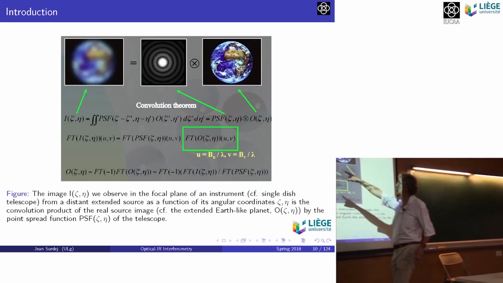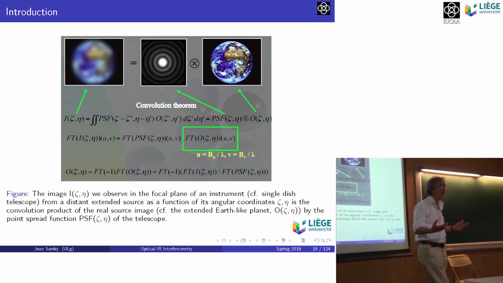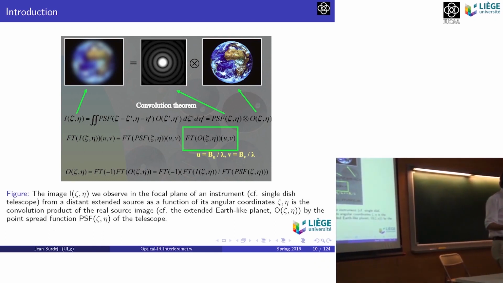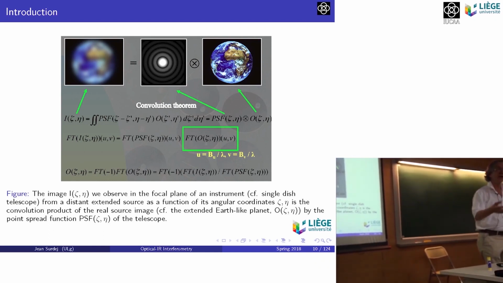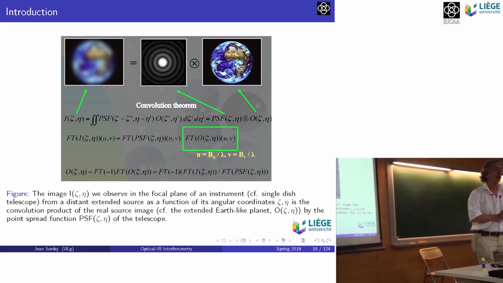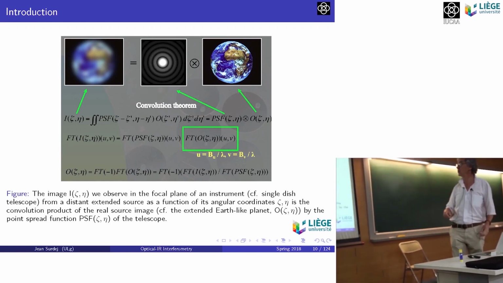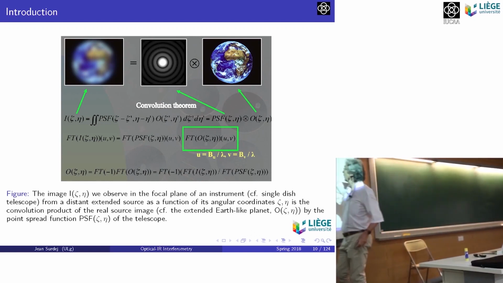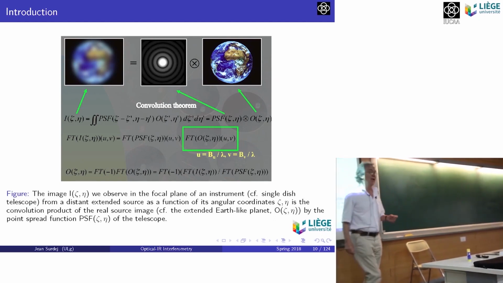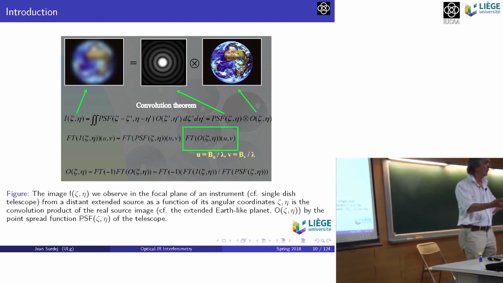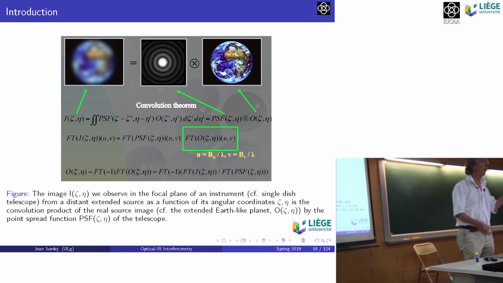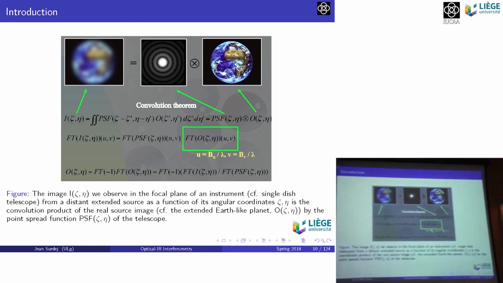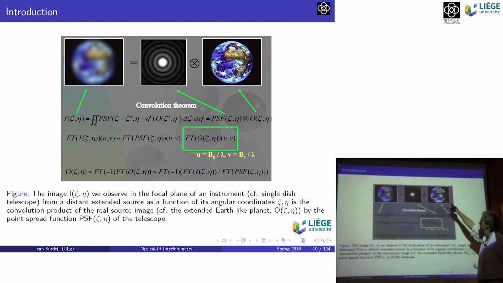What you see exactly when using a telescope or an interferometer, as I said before, and we will see it in more detail during the lecture, is a convolution product of the point spread function, the image you would see with that instrument of a very distant point-like star, with the real image of the source.